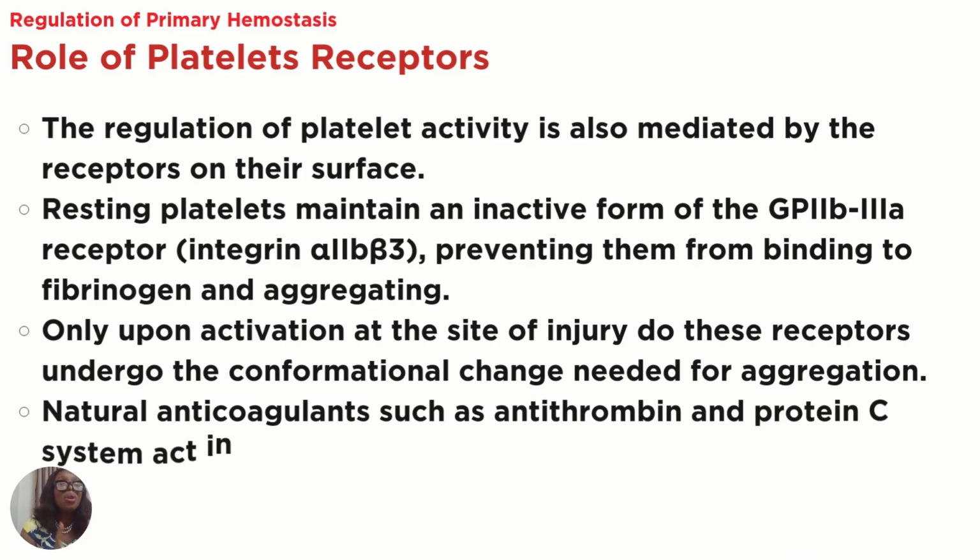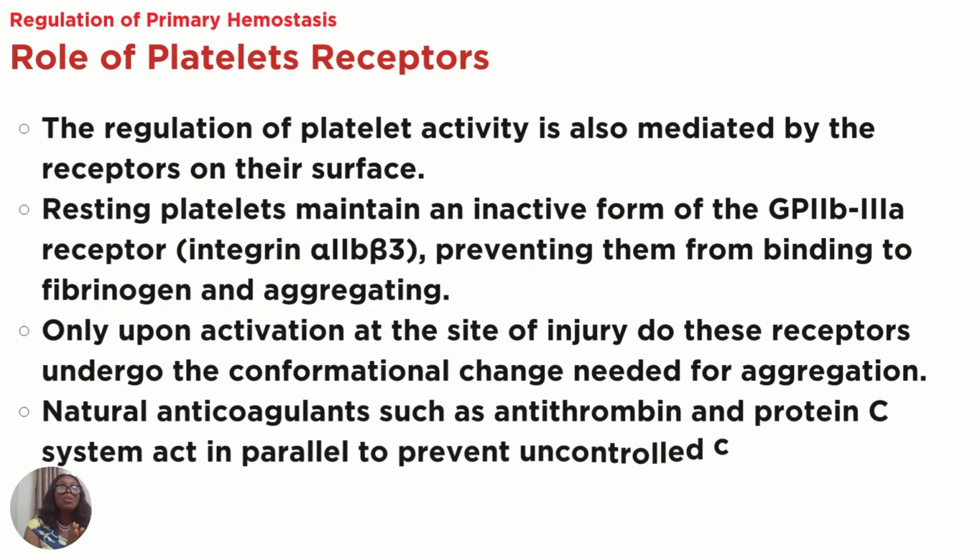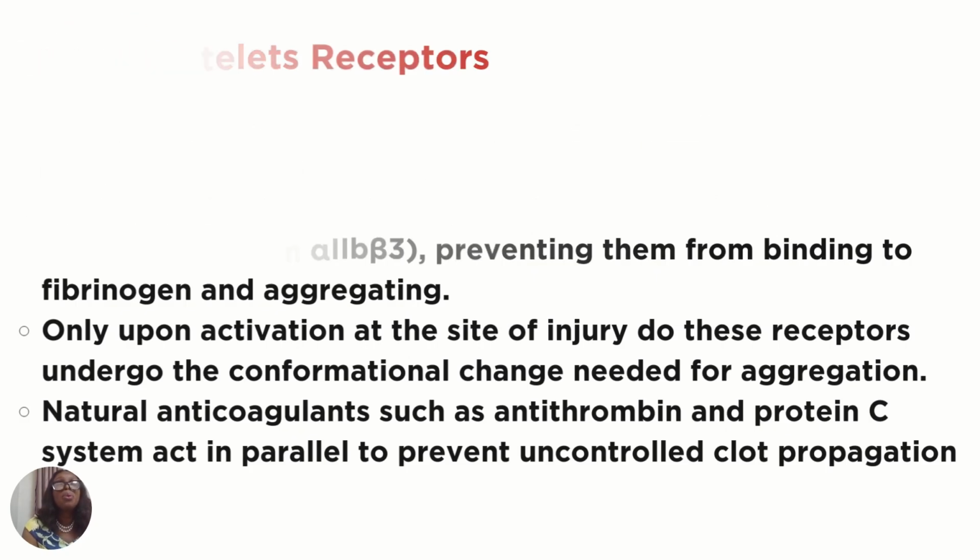Only upon activation at the site of injury do these receptors undergo the conformational change needed for aggregation. Now we have natural anticoagulants such as antithrombin and the protein C system that act in parallel to prevent uncontrolled clot propagation.